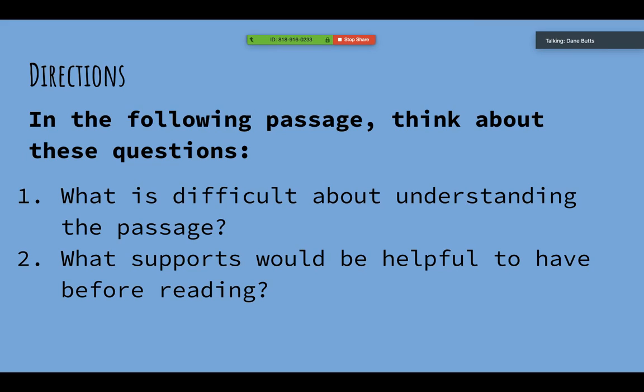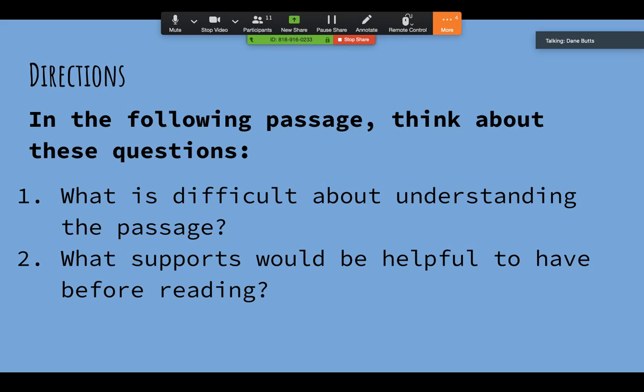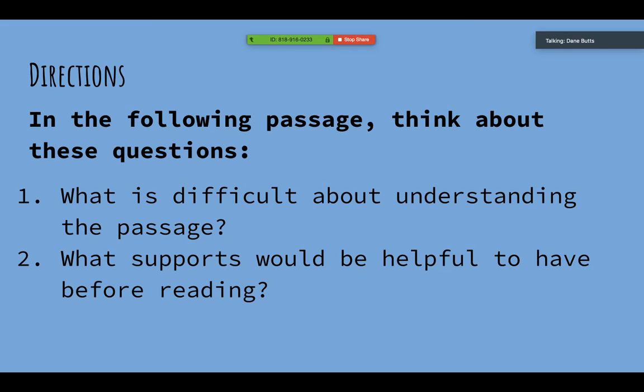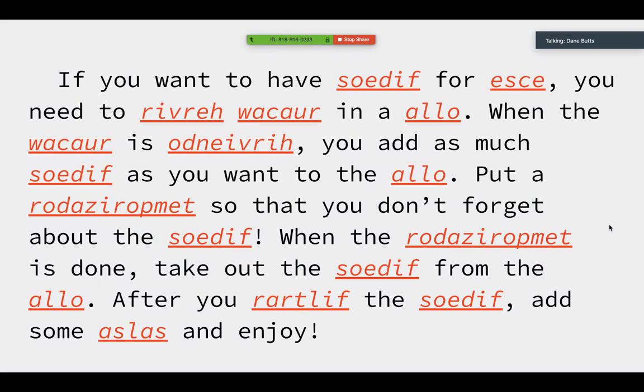As you're reading, if you're thinking about why it is difficult or what would be helpful for you, feel free to put that in the chat, or you can just come off mute. We don't have too many people on here, so you have that ability as well. So again, what's difficult about understanding the passage, and what supports would be helpful to have before reading? And here's the passage.